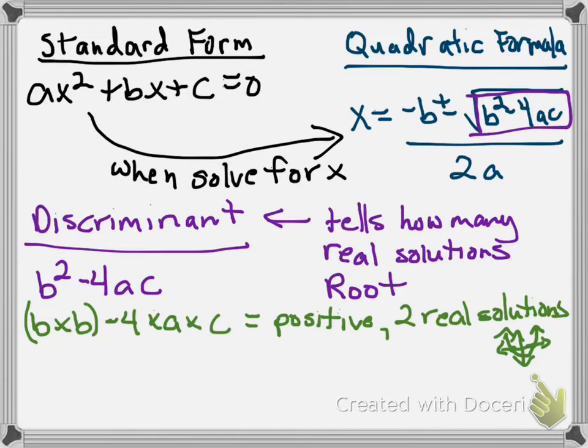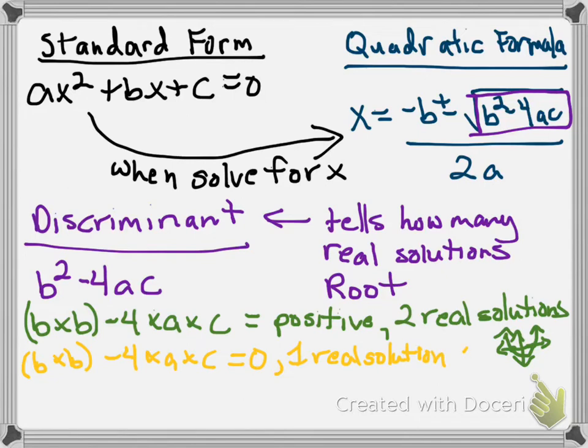Now the next one I'm going to do in kind of yellowish because it's different. So if we do b times b and a negative 4 times a times c, and it's equal to 0, this means 1 real solution.